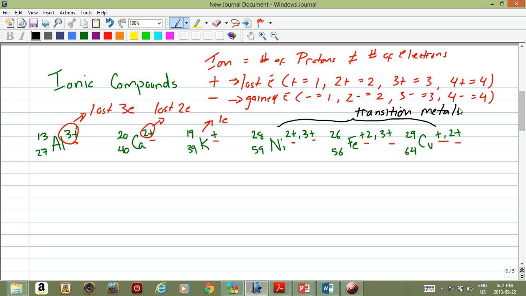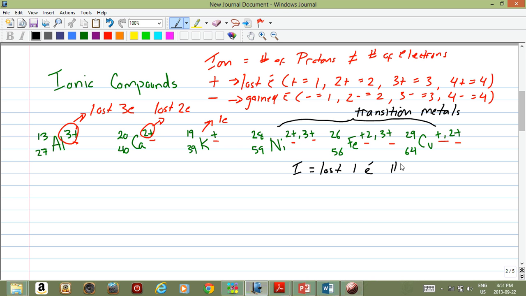So when you look at your periodic table, certain elements will only have one charge. They'll either be positive or negative. And the ones that are positive are metals. That means metals lose electrons. But some metals have more than one possibility. And with that, we have to use a Roman numeral system. So if it's an element that loses 1 electron, we use the Roman numeral 1 to indicate that it lost 1 electron.